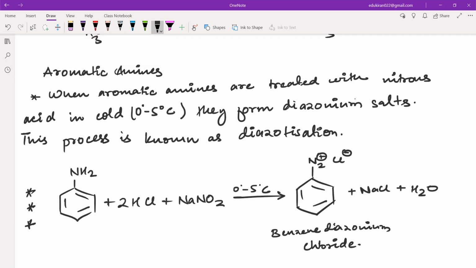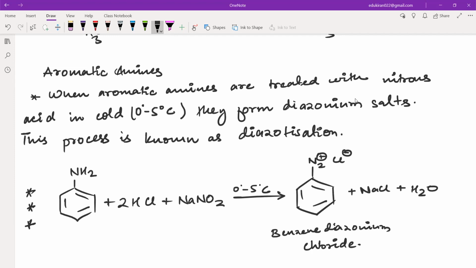If you were of batch 2020, I don't know whether in 2020 it was there or not. In 2020, you would have a section in amines on benzene diazonium salt. Complete section was there, preparation of diazonium salt and its reactions, etc. But that part is deleted. So at least this reaction is there.